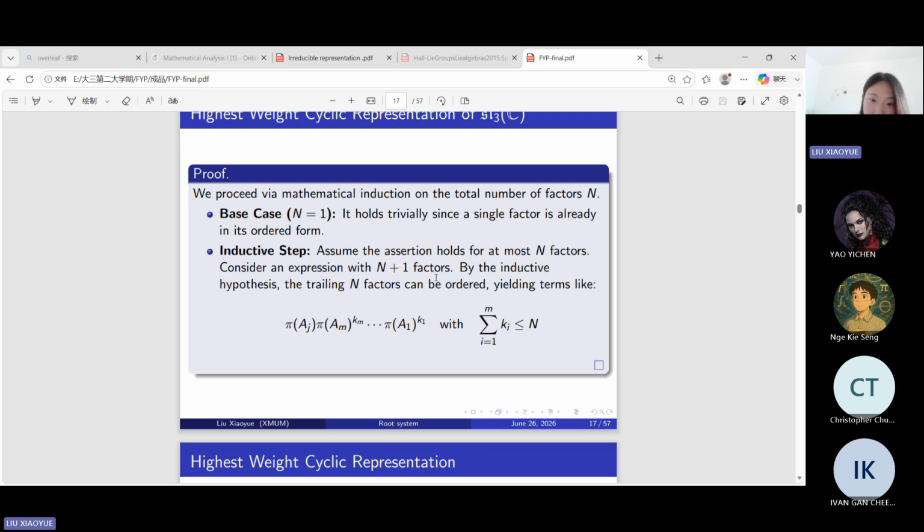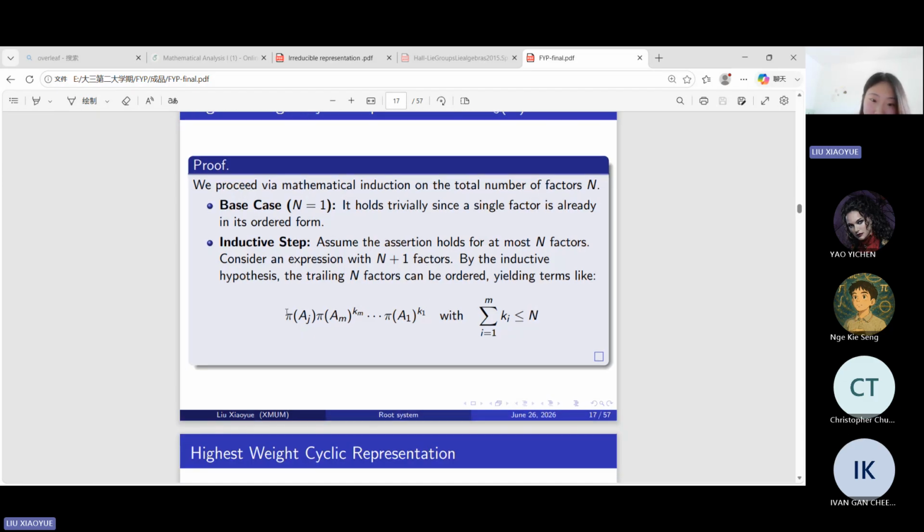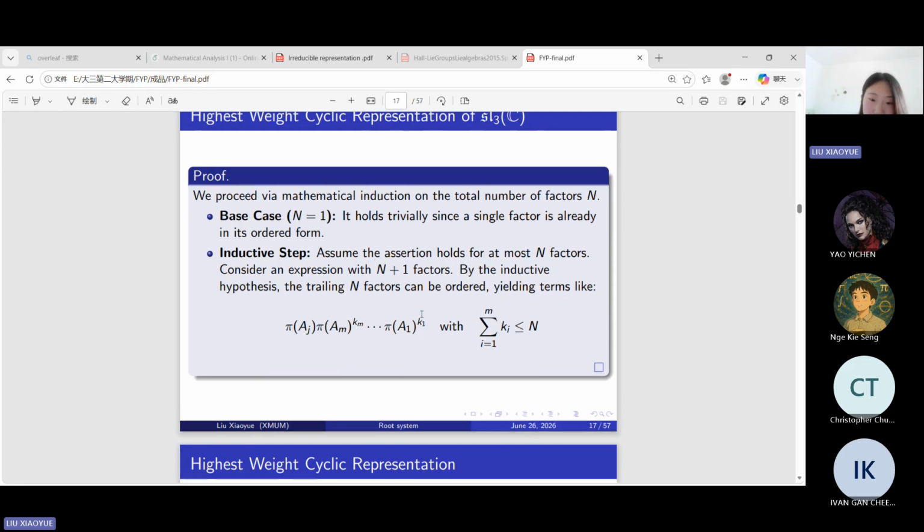Now we consider an expression with n plus 1 factors. For the trailing n factors, we can order them by our assumption, so we can write it as aj, and the rest is in order.